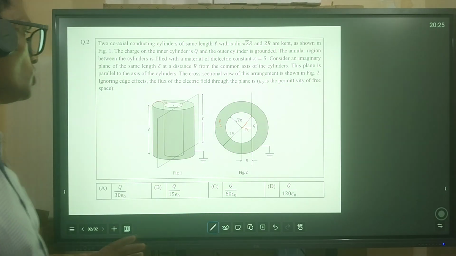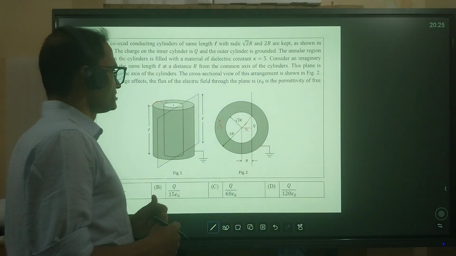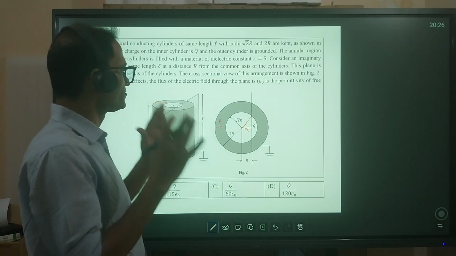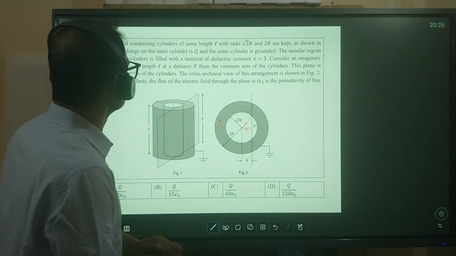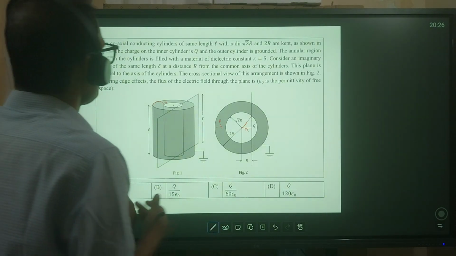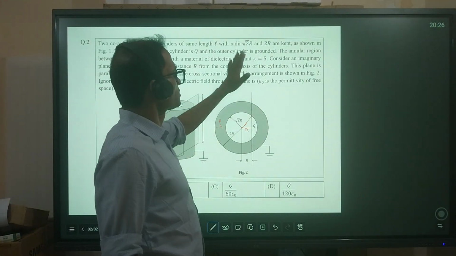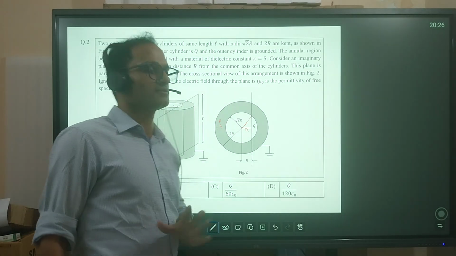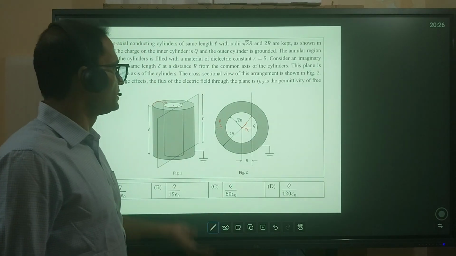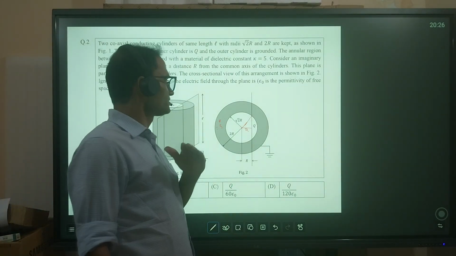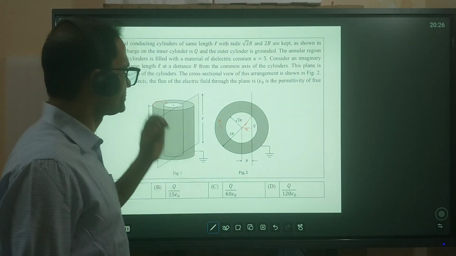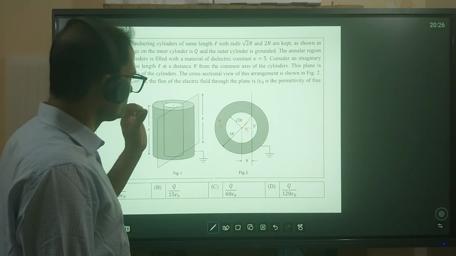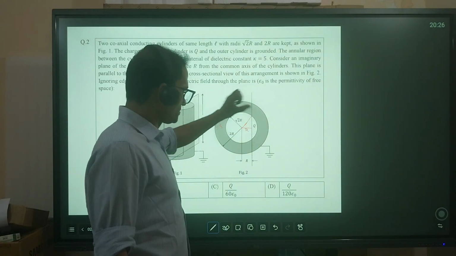We have to assume the electric field is radially outward and only in between the cylinders. What we have to find is the flux of the electric field through the plane. Through what plane? This plane. This plane is infinite, but the electric field is not everywhere, only between these cylinders.